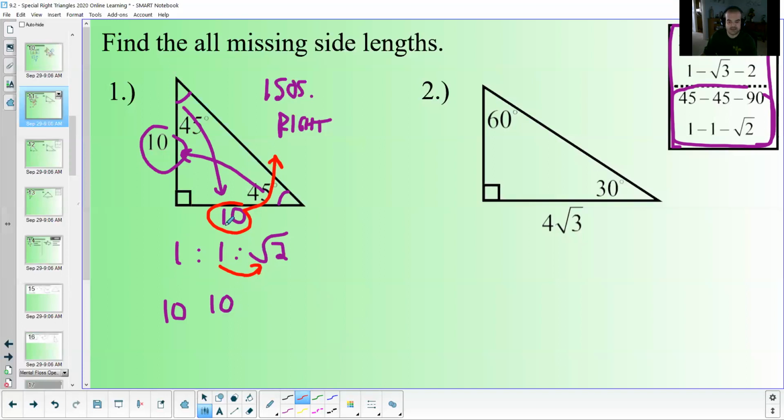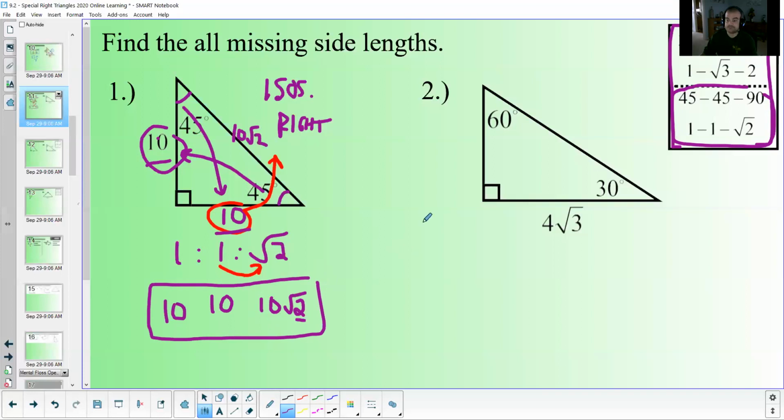So 10 times root 2 is simply 10 root 2. Notice you cannot multiply these together because one number is inside the radical, the 2, and one number is outside. These are your missing side lengths. This side is 10, this side is 10, and this side is 10 root 2.